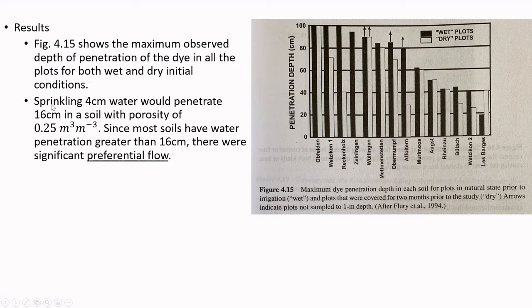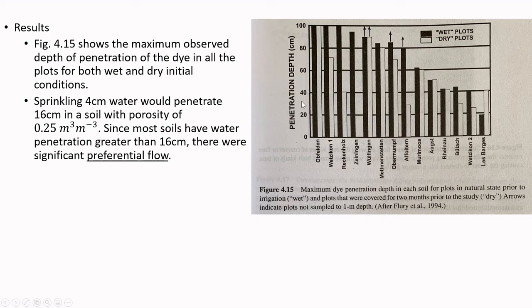The sprinkling of 4 centimeters of water would penetrate 16 centimeters in a soil with a porosity of 0.25 meter cubed over meter cubed. What this means is that if they give the soil 4 centimeters of water, and the soil has a porosity of 0.25, which is the soil characteristic of the site, the water can only enter as deep as 16 centimeters.